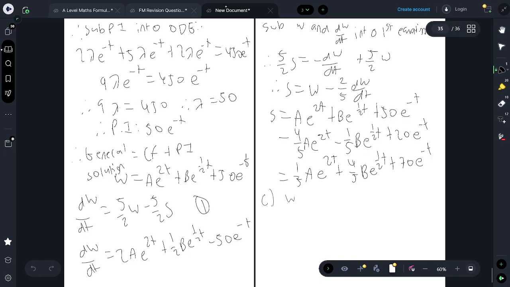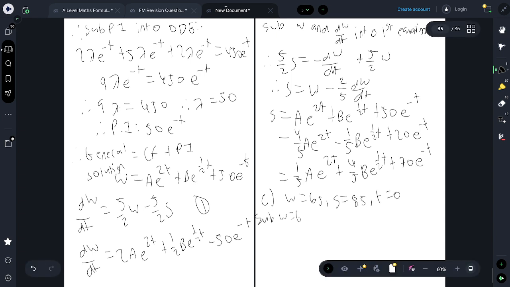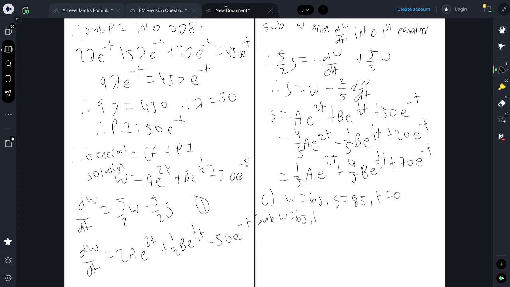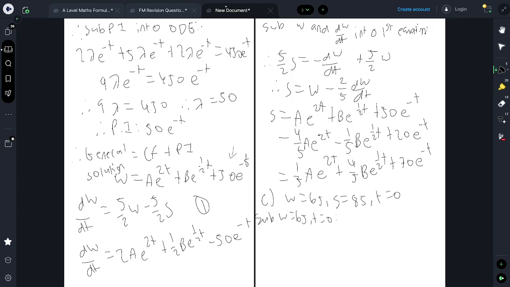So C, W is 65, S is 85, and T is 0. So substitute W is 65 and T is 0 into the W equation. Remember our solution for W was here.